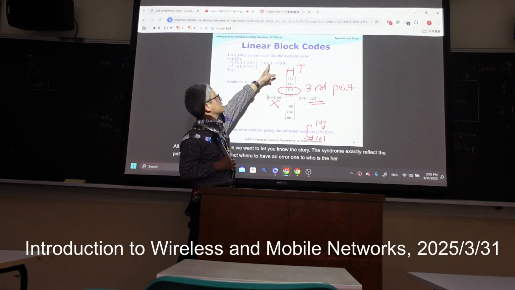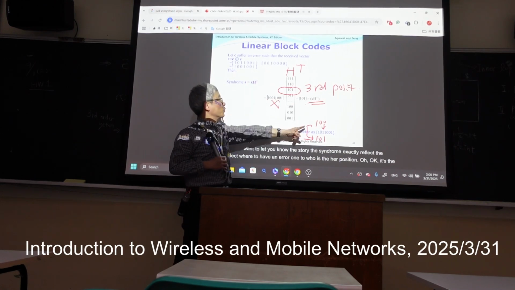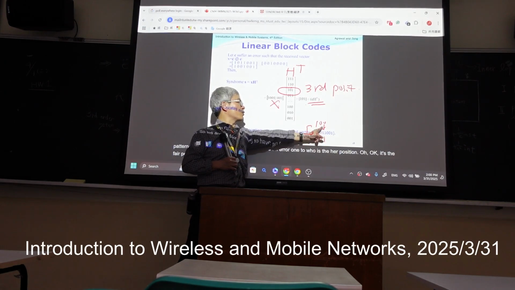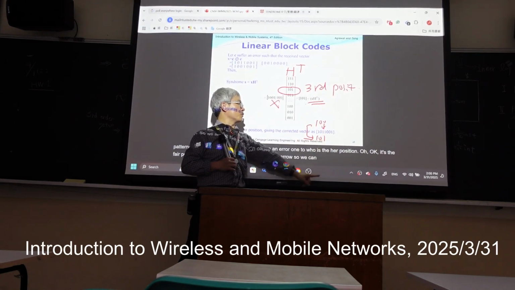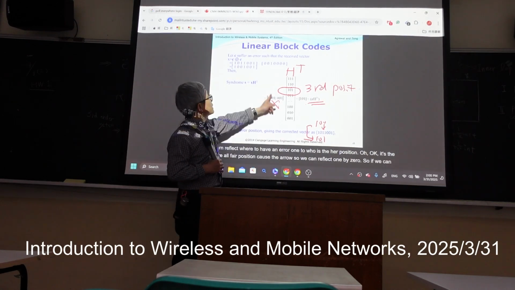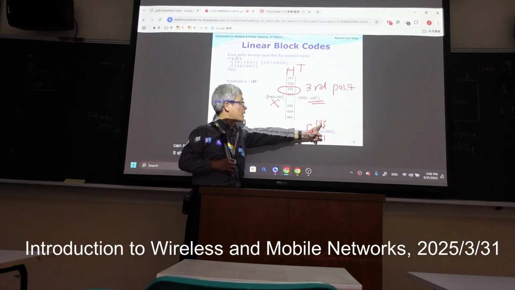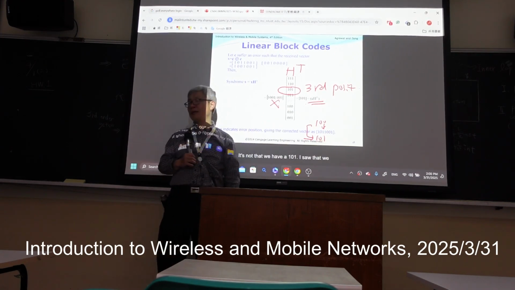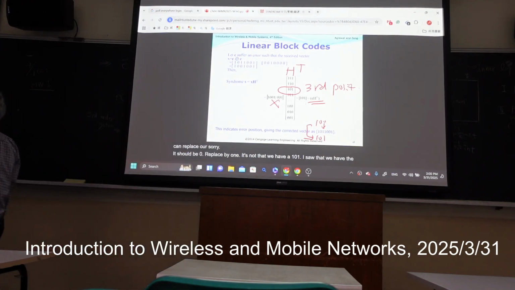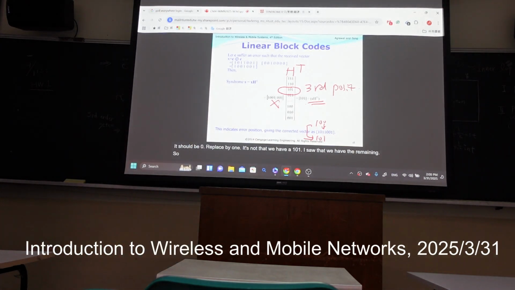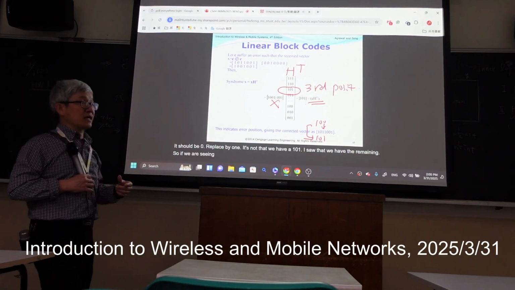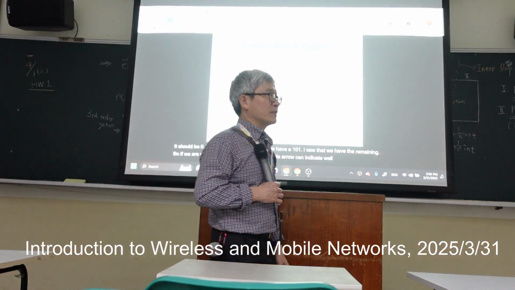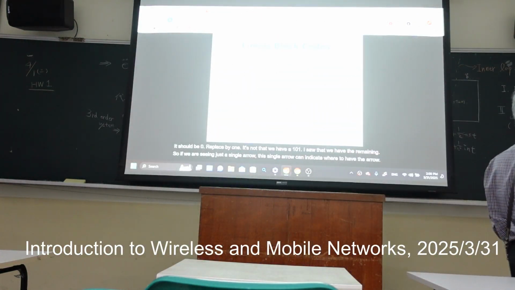Oh, okay, third position has the error, so we can replace 0 by 1, and so that we have 101, and so that we have the remaining bits. So if we assume just a single error, this single error can indicate where the error is. Alright, so that we can have the correction.